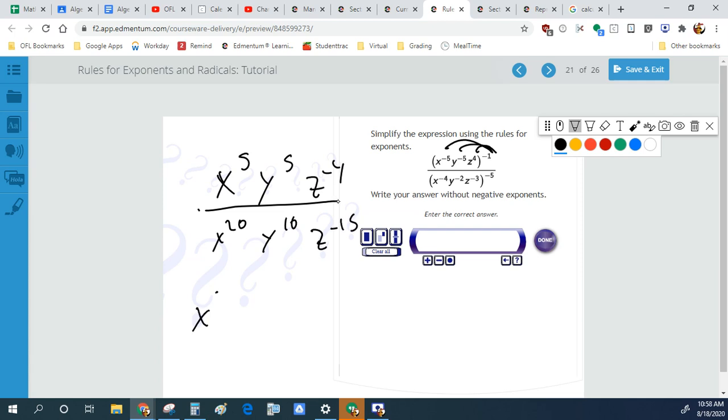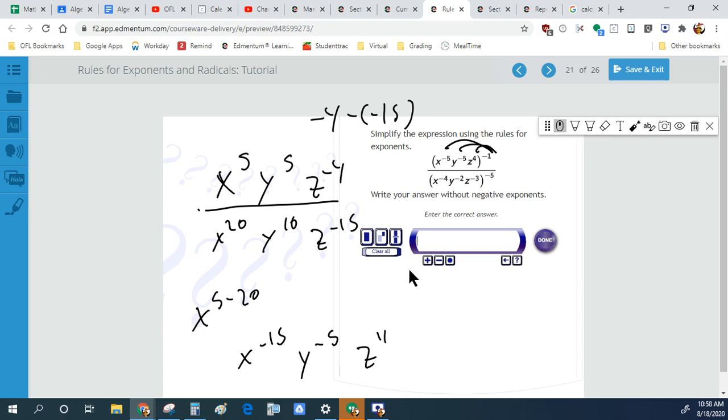So now I have x to the 5 minus 20, x to the -15, y to the -5 because it's 5 take away 10. And this one is positive because we have -4 minus -15, so z is going to end up being 11.